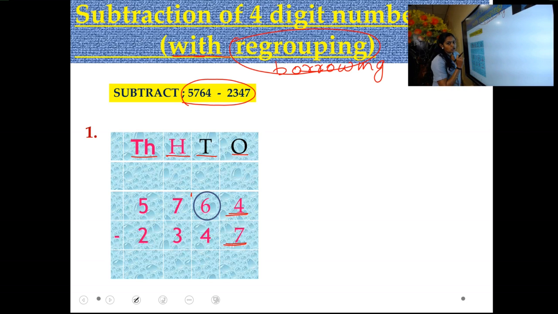So, subtraction here is not possible. You have to make this 4 big, then only the subtraction will be possible.